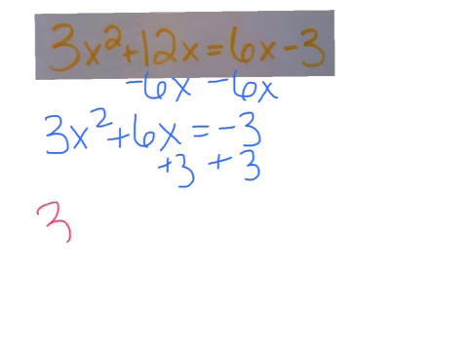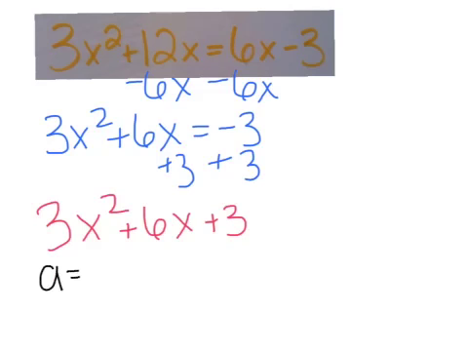And now we're in standard with 3x squared plus 6x plus 3. So now we can determine what a is equal to, what b is equal to, and what c is equal to. So a is equal to 3, b is equal to 6, and c is equal to 3.